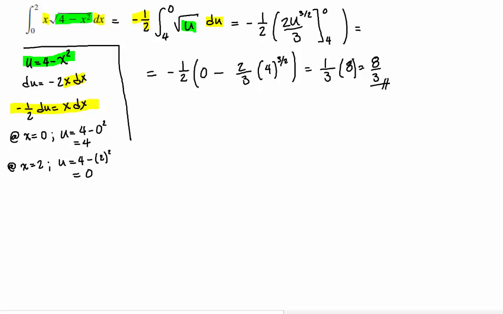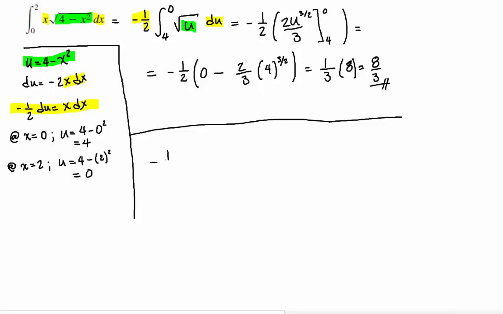Alright. Now some people, you will see, that's another option. I don't like it because then you end up messing up the endpoints. But some people go to here, they get their antiderivative, and then they take back their substitution.